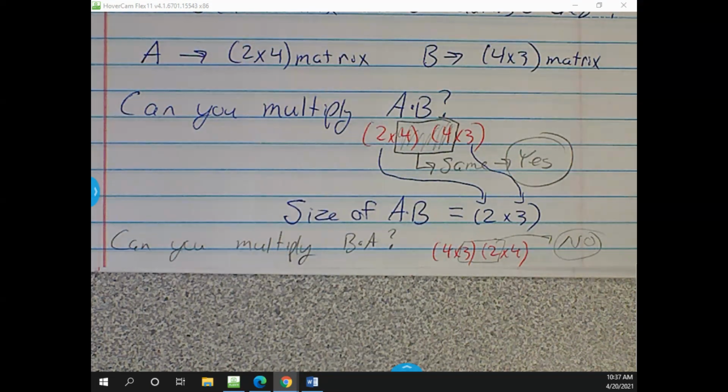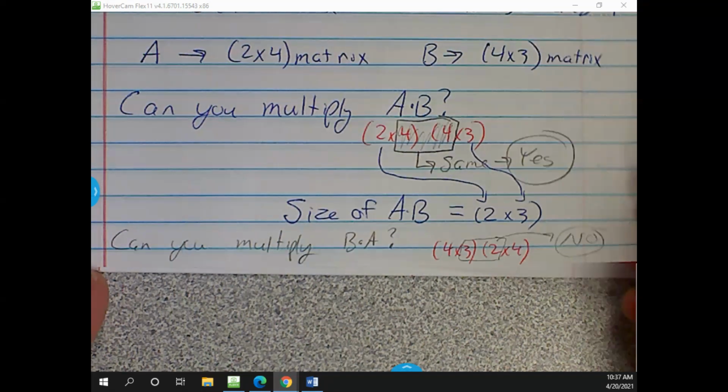Okay, so here's what we're going to do for the rest of the way. We're going to give you some examples, and then show you the steps on how to actually multiply and get these numbers.